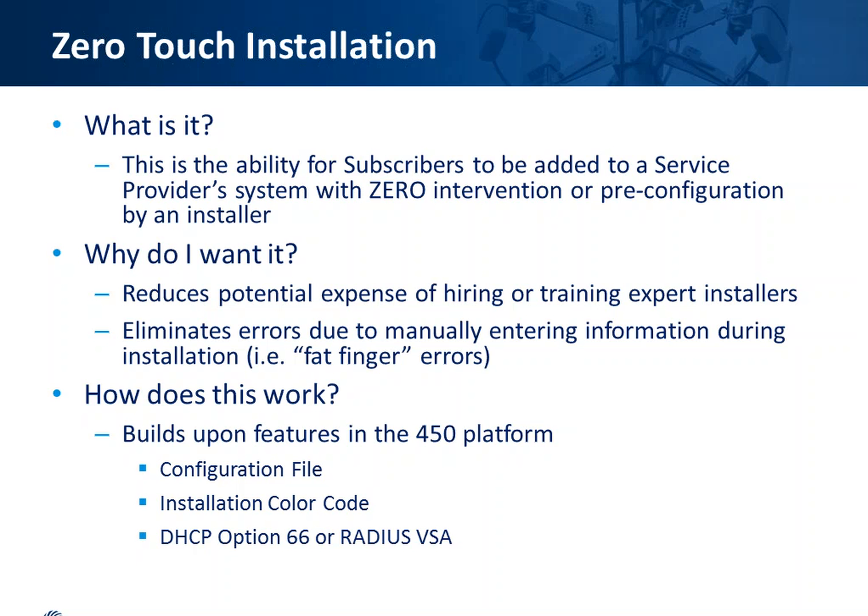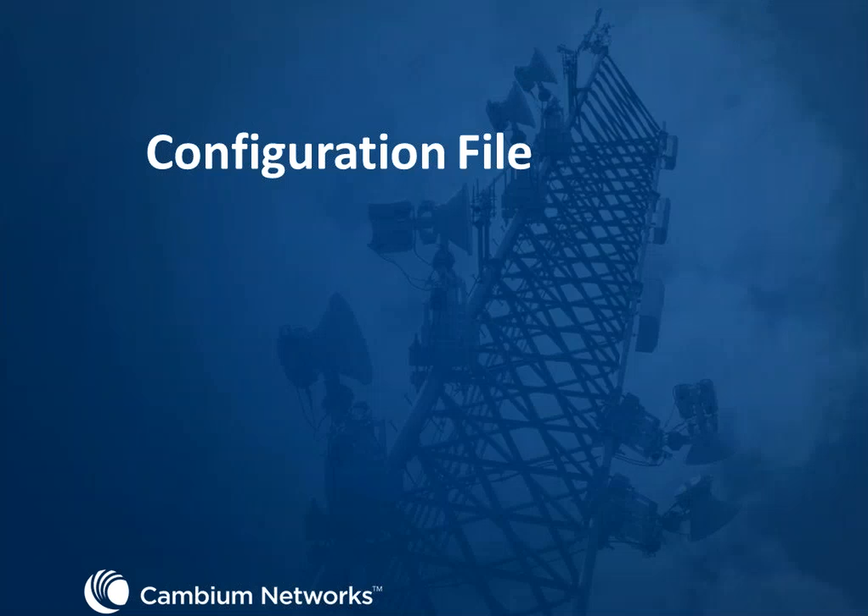And then, with those two features, we also employ a method of getting to a configuration file. We can use either DHCP option 66 or a RADIUS VSA; that's the mechanism for how you get that configuration file to the SM.